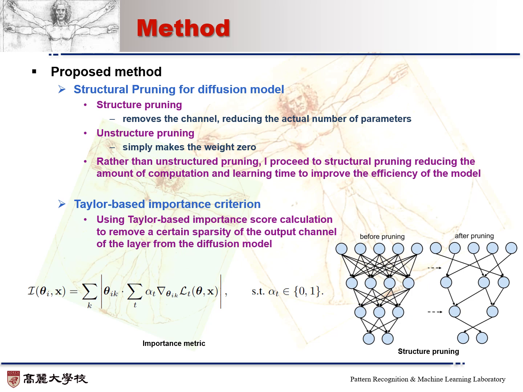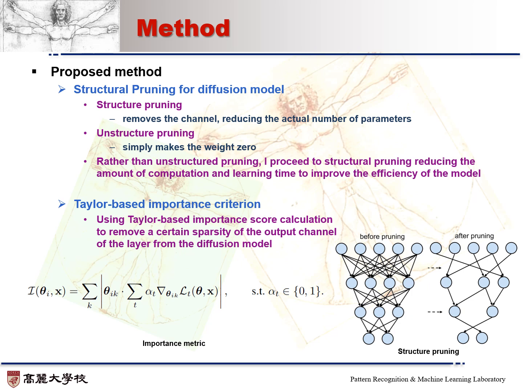In contrast, unstructured pruning merely sets certain weights to 0 without actually reducing the model size or computation. Therefore, rather than using unstructured pruning, I propose to use structured pruning, as it helps reduce both the computational cost and the training time while improving overall model efficiency.